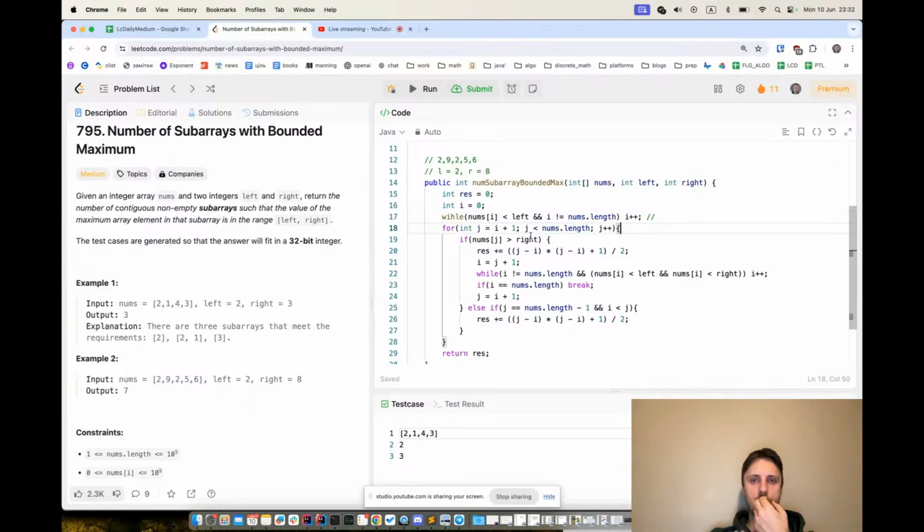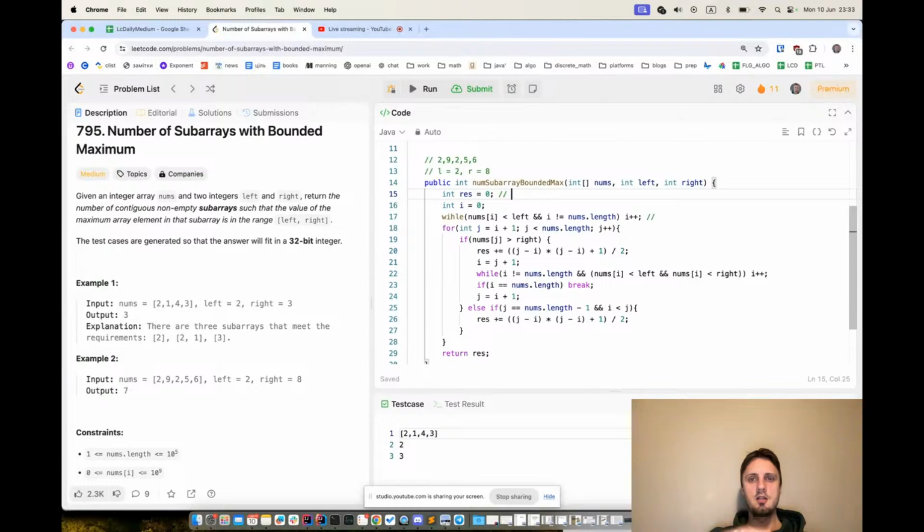Then I start with the first element and I check j is greater than right. So now 9 is greater than 8, yes. So I calculate my result.